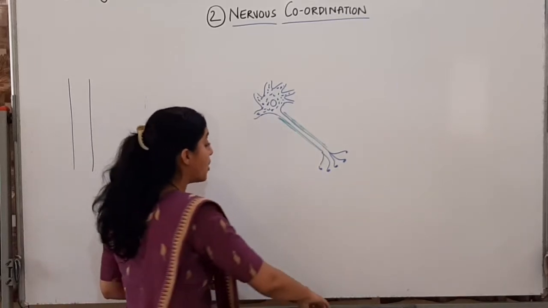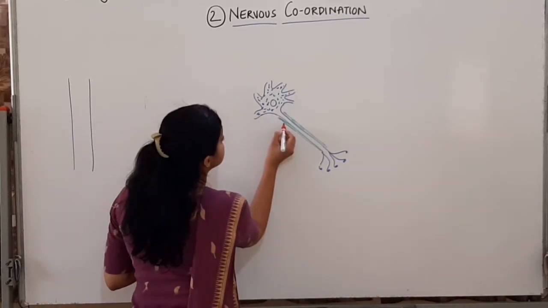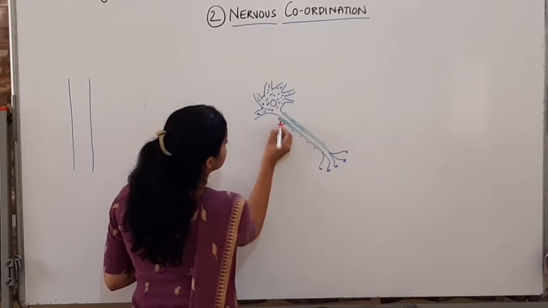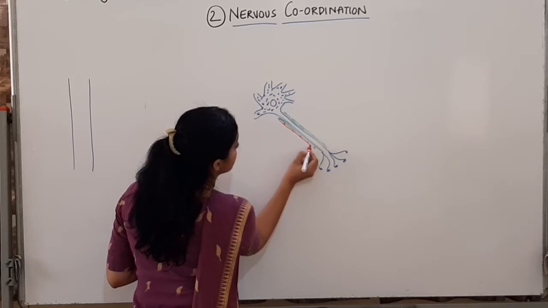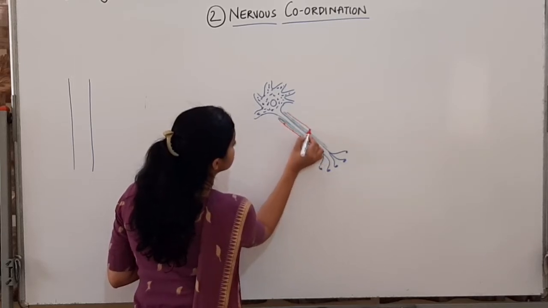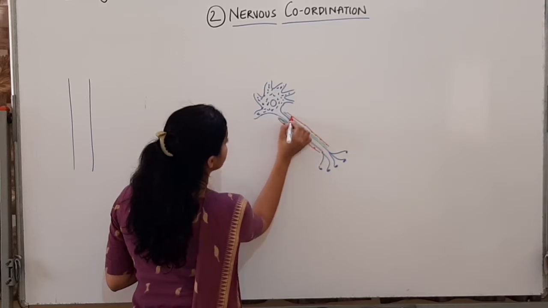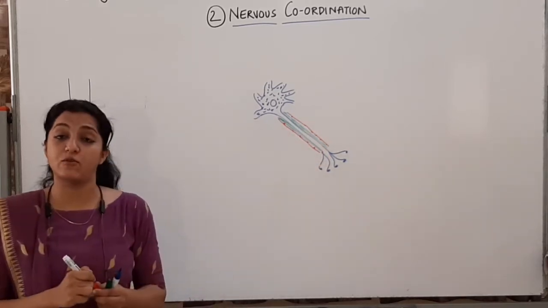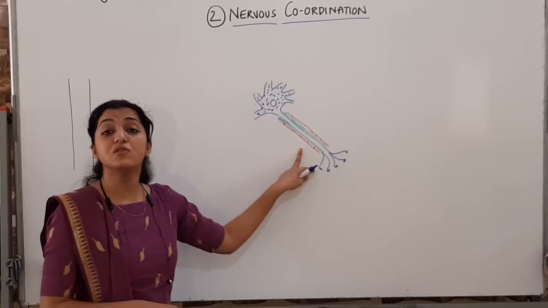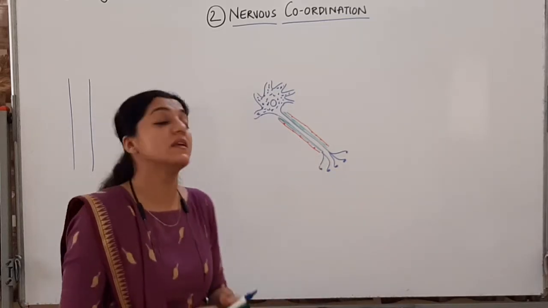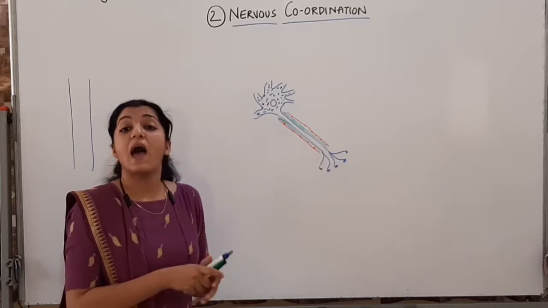We have seen that the Schwann cells are going to produce these myelin sheaths. So the Schwann cells are going to be present in the neurilemma. This is the neurilemma which is going to have the Schwann cells, the nucleus of the Schwann cells and the cytoplasm of the Schwann cells. So this neurilemma, the Schwann cells over here are going to secrete myelin in myelinated nerve fibers.